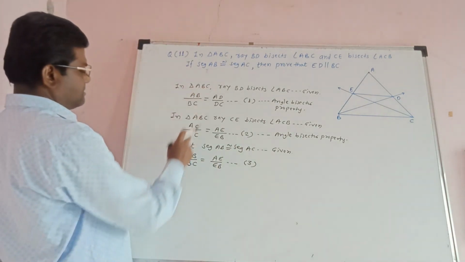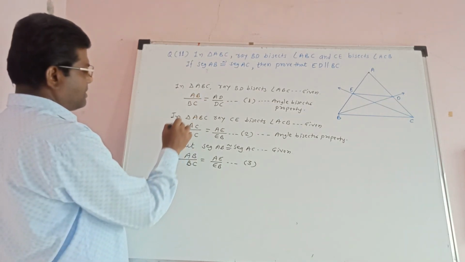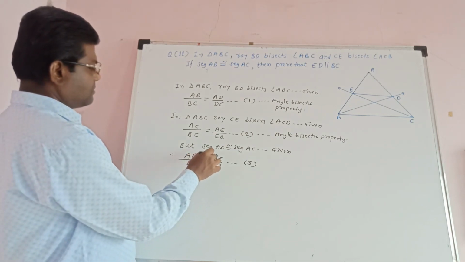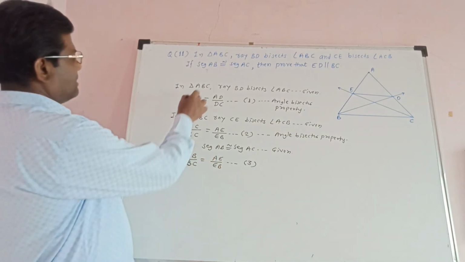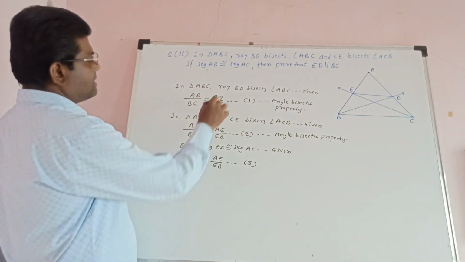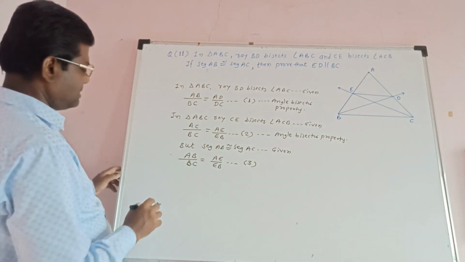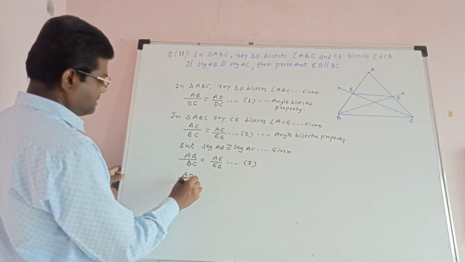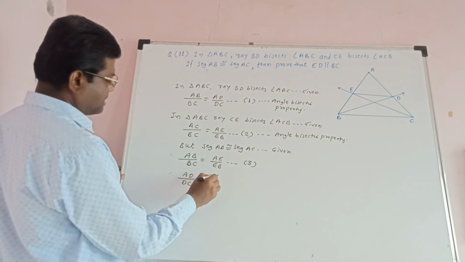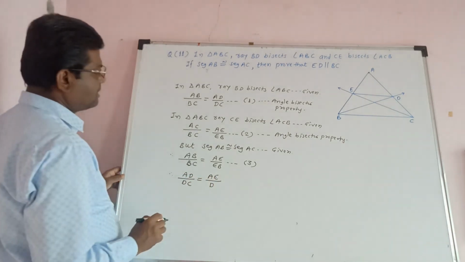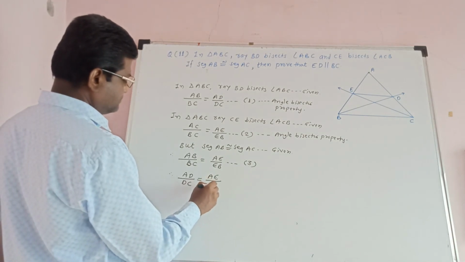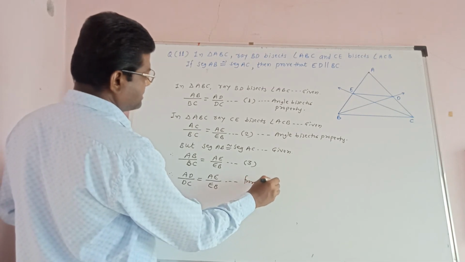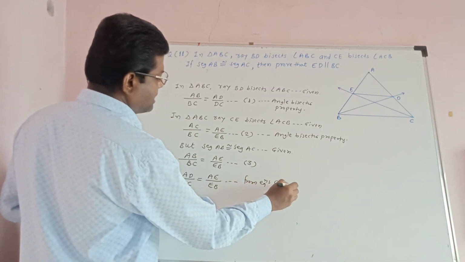Now from equations 1 and 3, AB upon BC is equal to AD upon DC, and AB upon BC is equal to AE upon EB. Left sides are equal, therefore right sides should be equal. Therefore we write AD upon DC is equal to AE upon EB. Reason is from equations 1 and 3.